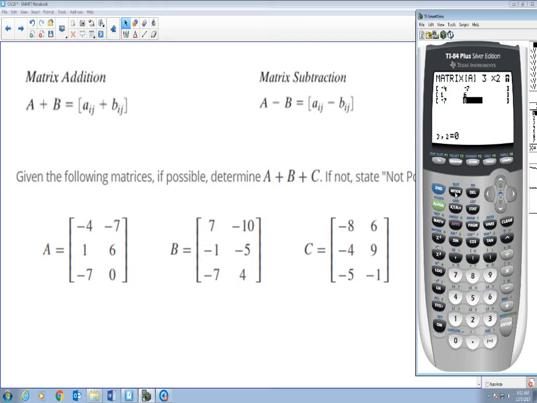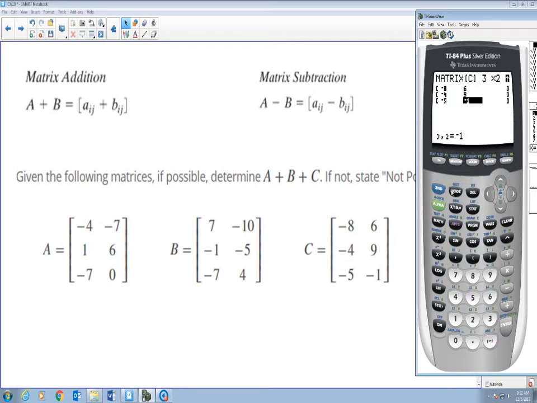Then I get out, go back in, go to edit, and go to matrix B, also 3 by 2: 7, 10, -1, -5, -7, and 4. Once I key it in, I get out and go back in to edit the third one, another 3 by 2: -8, 6, -4, 9.